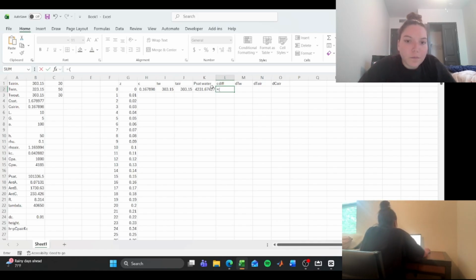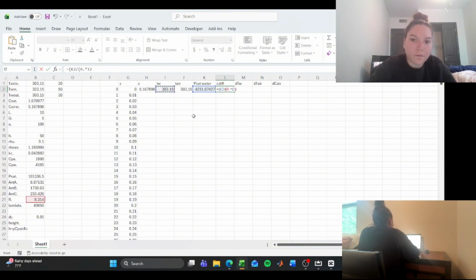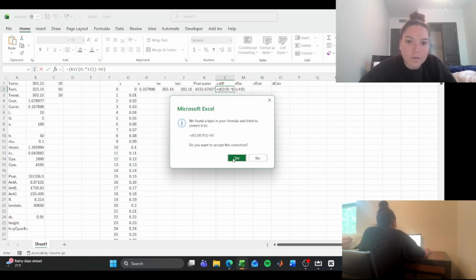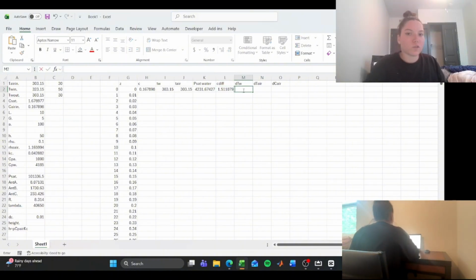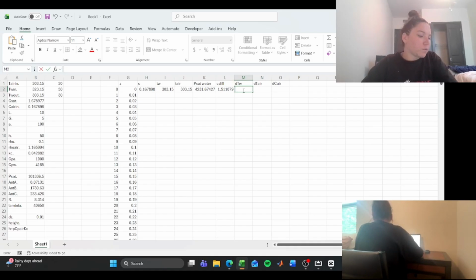So this is going to be saturated pressure divided by R times this temperature of water minus the concentration of air. Oh, missed the parentheses. Okay, cool.